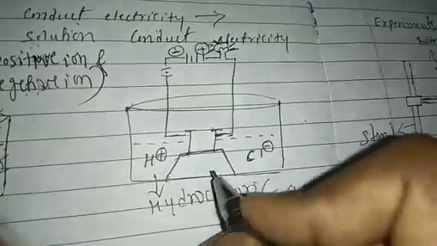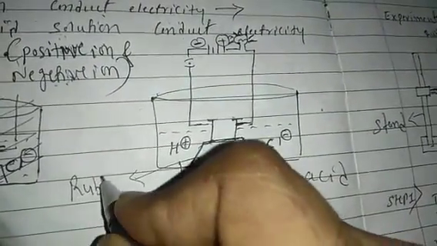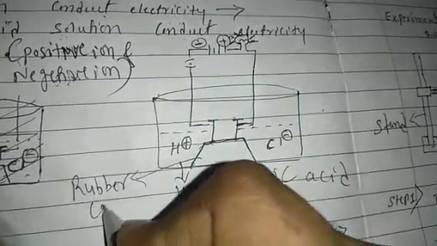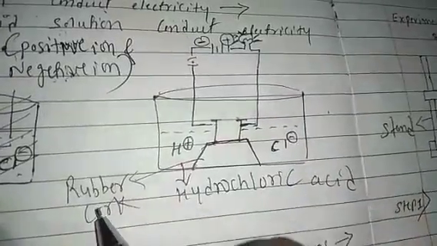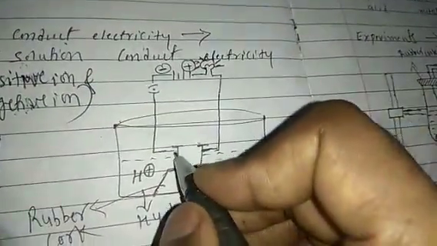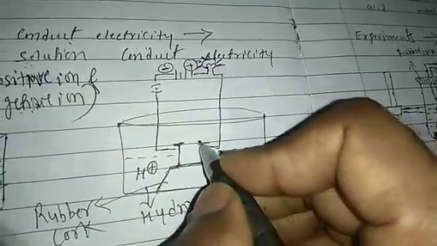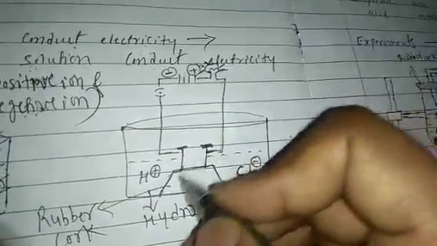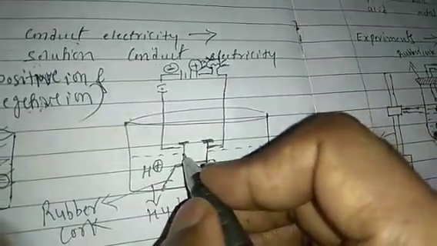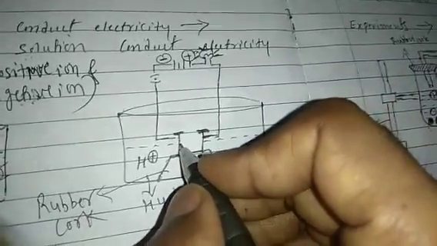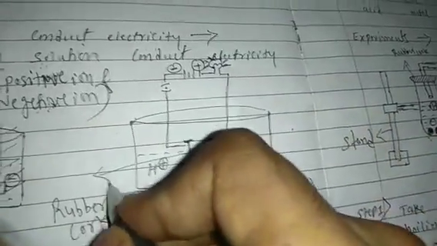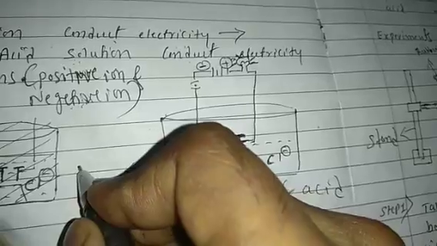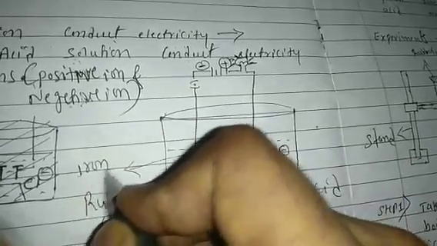Into this rubber cork we introduce two nails, iron, copper, any one. We are introducing two iron nails.